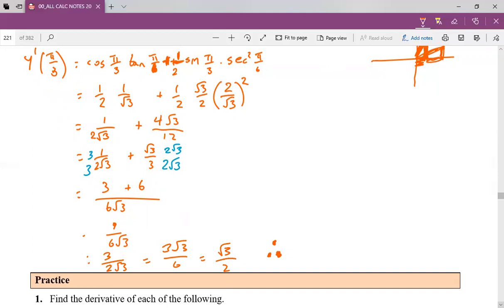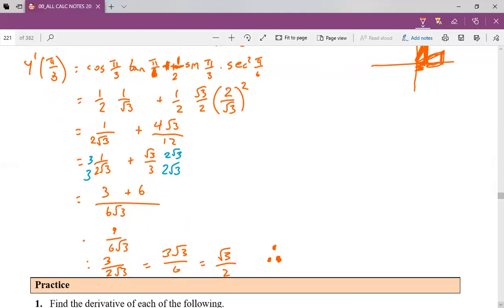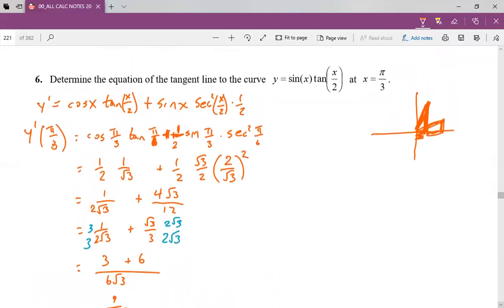Remember that that is now a slope. We want to find our equation of our tangent line when x is pi over 3.